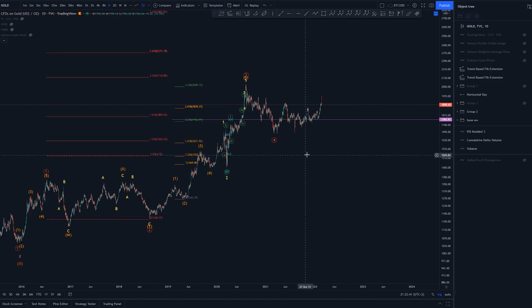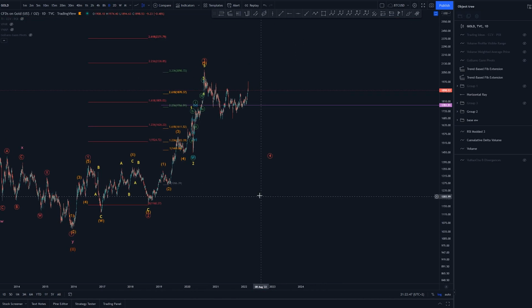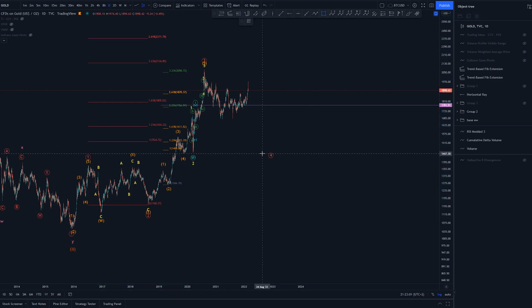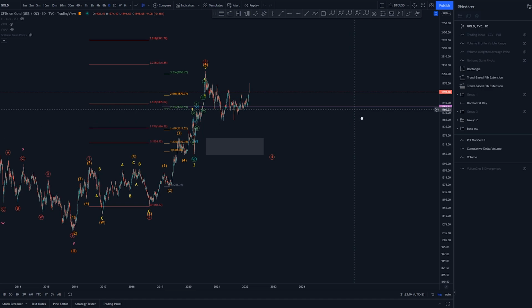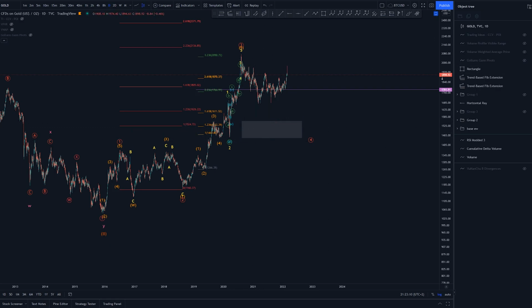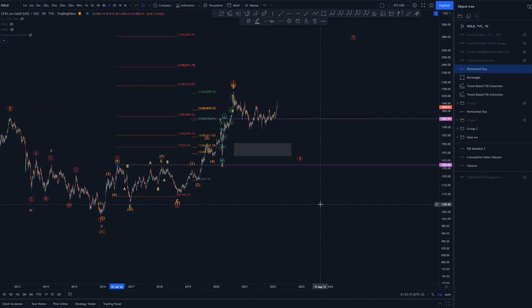And why I'm saying that is because usually the primary 4 likes to end around the previous third wave's fourth correction, so on this area here. Now, I haven't analyzed this area here, but that is one area where it might end up, and there's no issue with the primary 1. Invalidation is down here, and we could easily come back here.